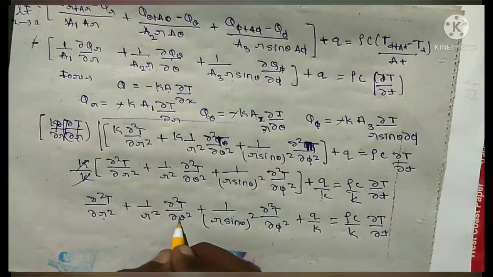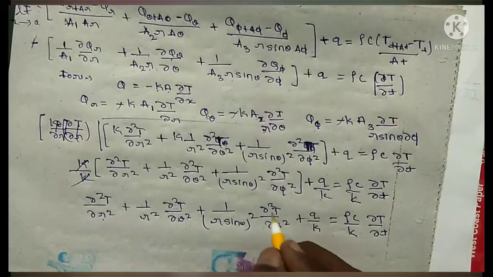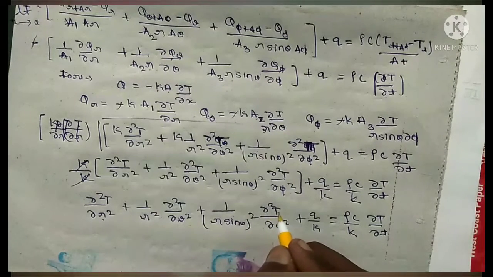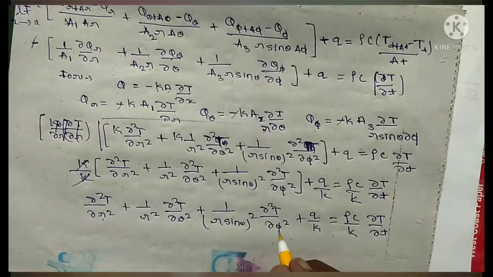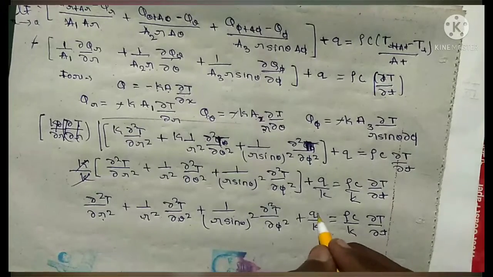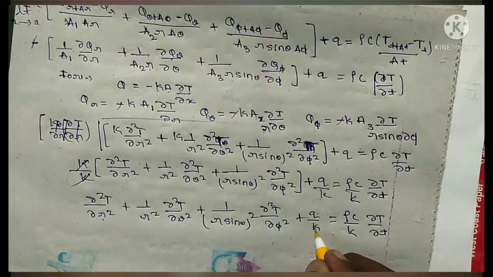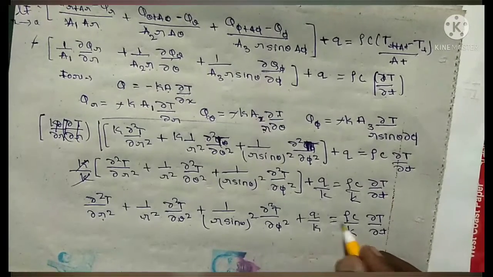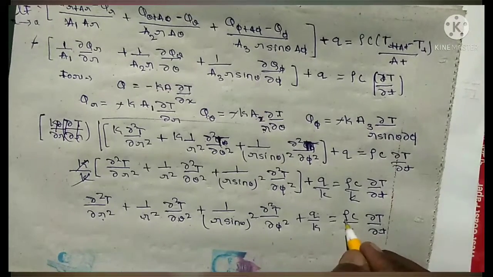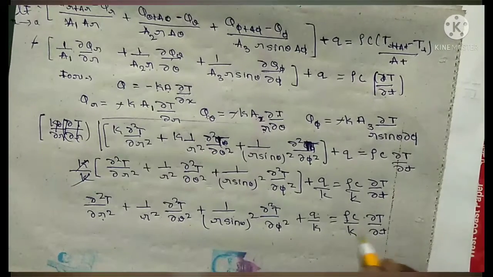Theta is the angle with respect to the vertical direction, and r sin theta becomes the curve. Here is the double partial differentiation of temperature with respect to phi. Phi is also the horizontal angle covered in the spherical coordinate system. q is nothing but the heat per meter cube, and k is the thermal conductivity of the material. This is equal to rho, the density, and c, the specific heat, divided by again the thermal conductivity.